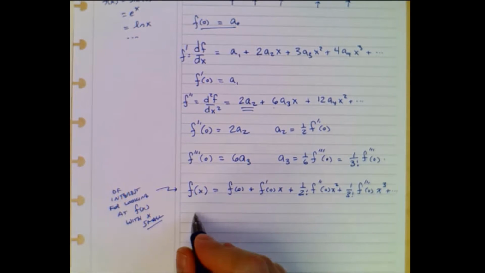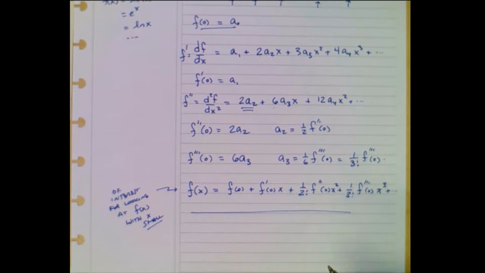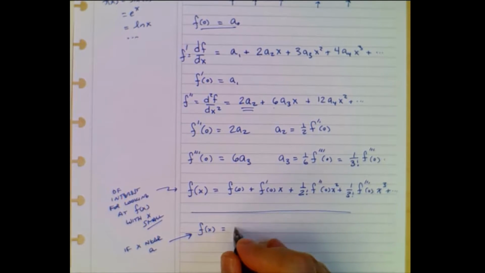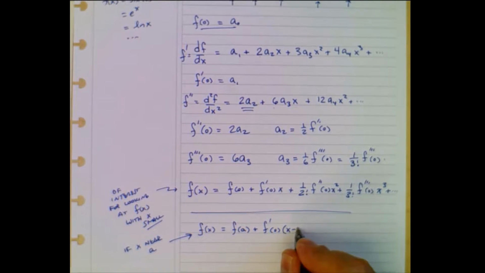All right, I can come up with a more general case if I want to know f of x where x is near a. Then I'm going to replace 0 by a and replace x by x minus a over here.